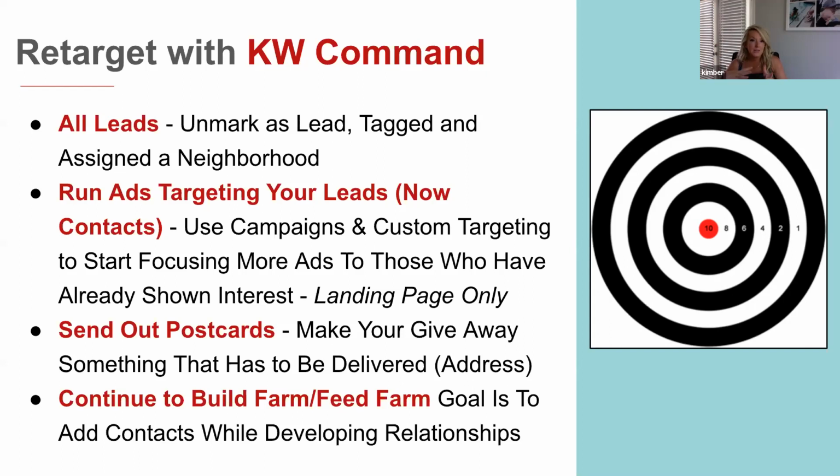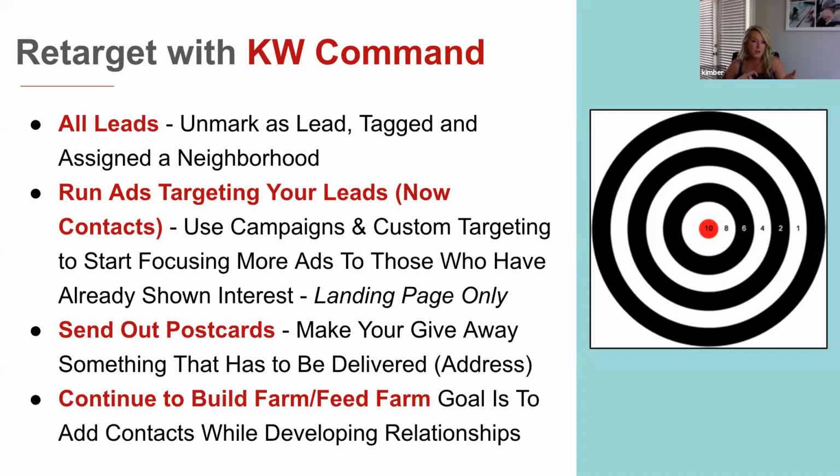Once we get leads, we're going to unmark them as leads, and then go in and tag them and assign them a neighborhood. If their address is in there, they'll already be automatically assigned a neighborhood based on where they live. But one suggestion would be to actually tag all those people.